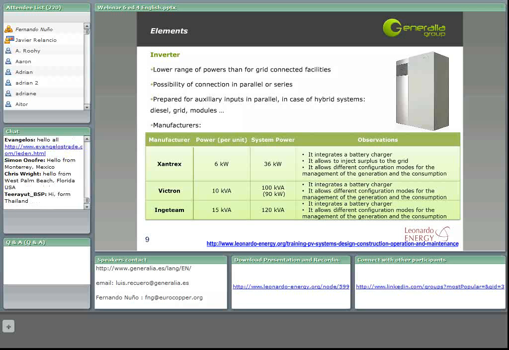Other observations are that some of them include a battery charger, most of them in fact, and some of them also give us other tools, like for example the Santrex, that allows us to inject surplus generation to the grid, or the allowance of different configuration modes in order to manage the generation and the consumption.